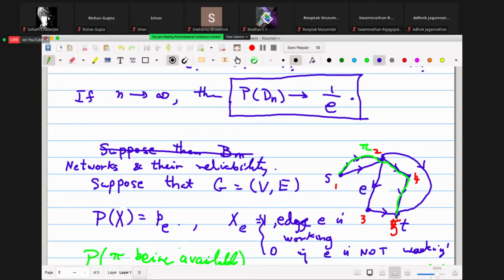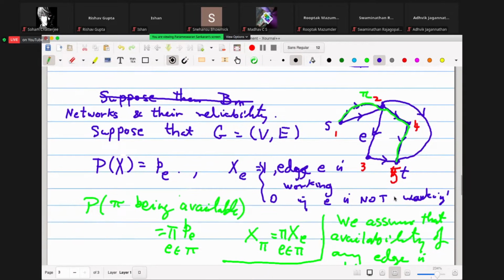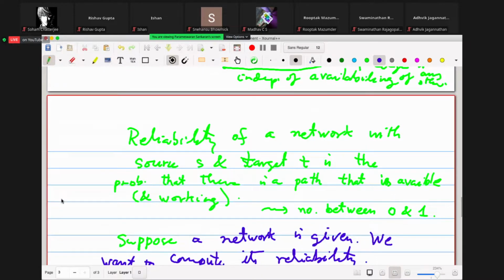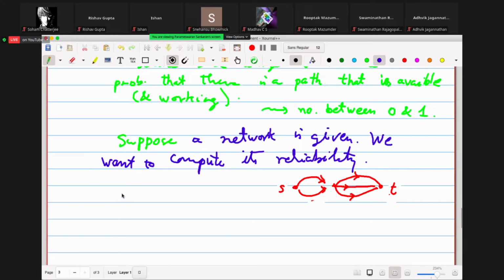Whereas if any one of the edges is not working, then the path will not work. So it's much easier to compute the failure of this one.